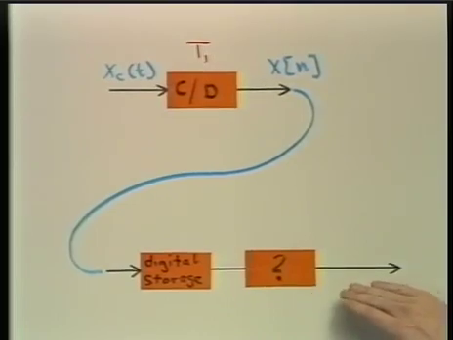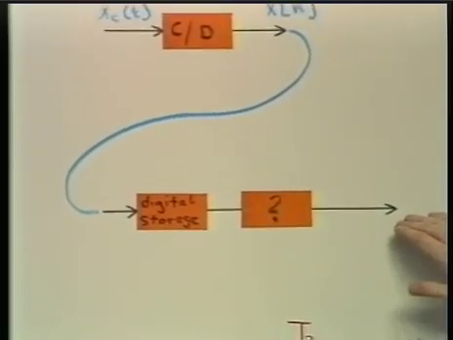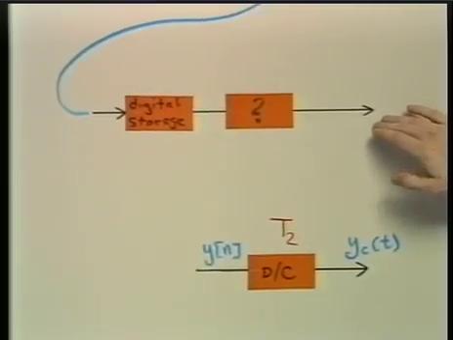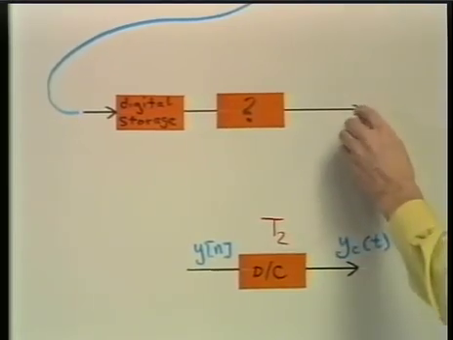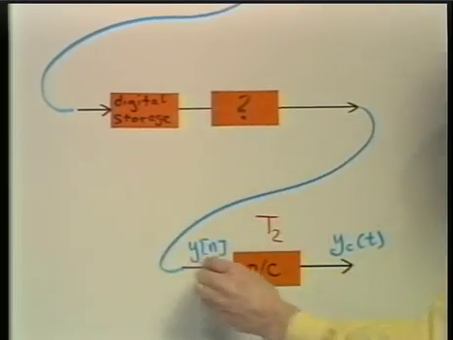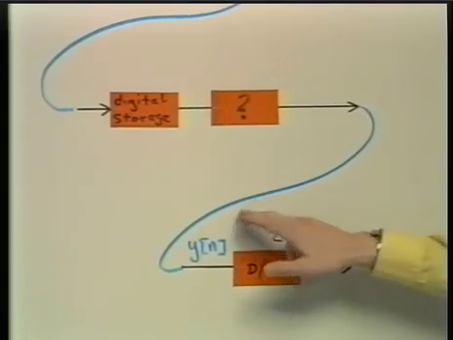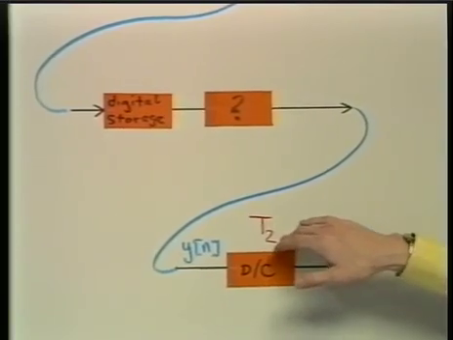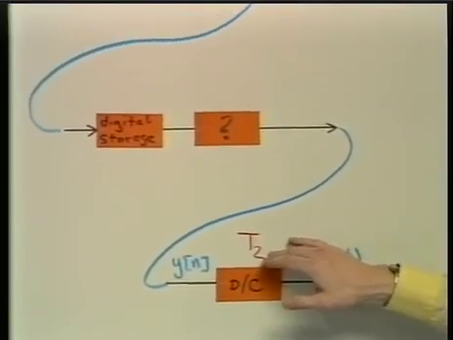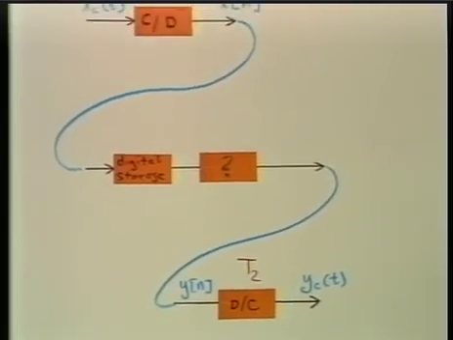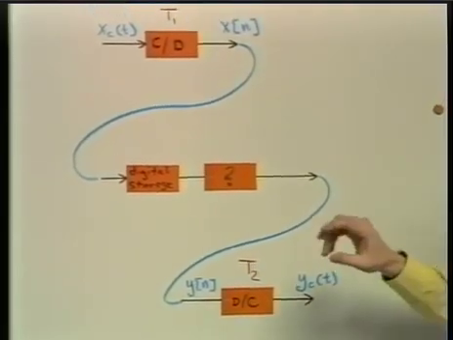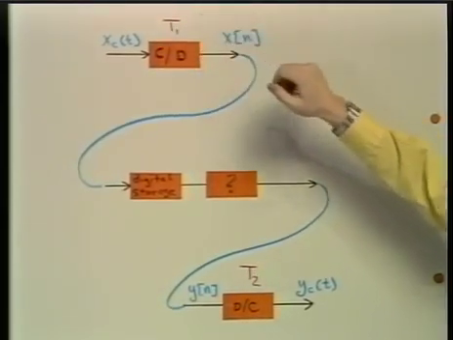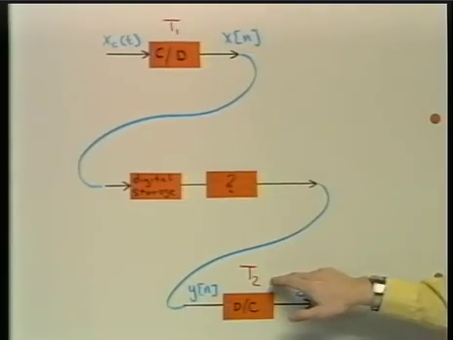And then, in any case, the result of that is going to be converted back to a continuous time signal, but it might be converted through a system that has a different assumed sampling period. And so a very common issue, and it comes up, as I indicated, particularly in digital audio, is to be able to convert from one assumed sampling period, T1, or sampling frequency, to another assumed sampling period.